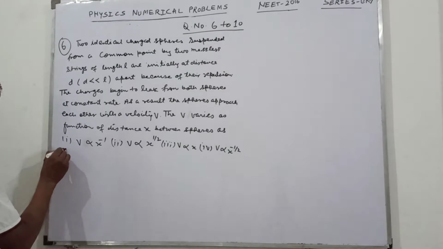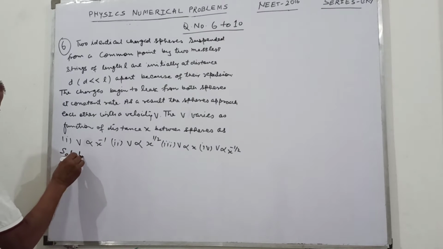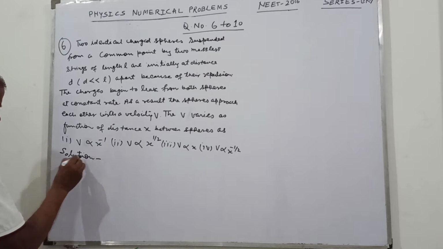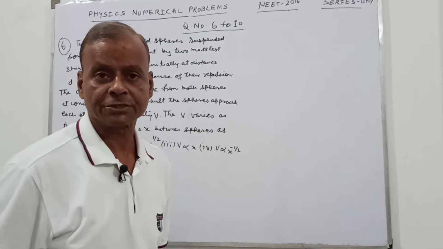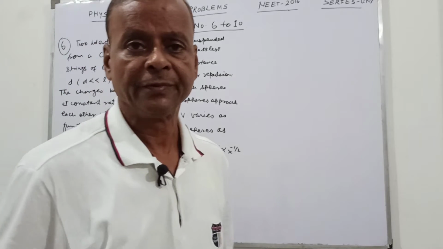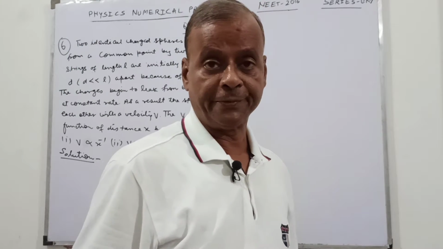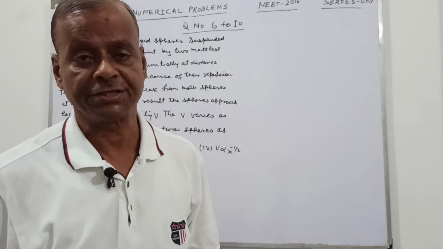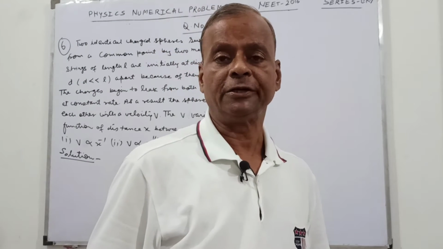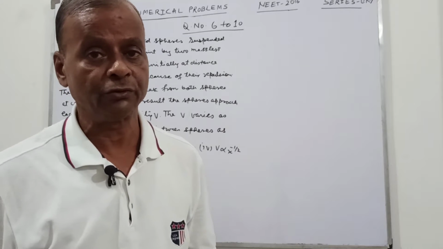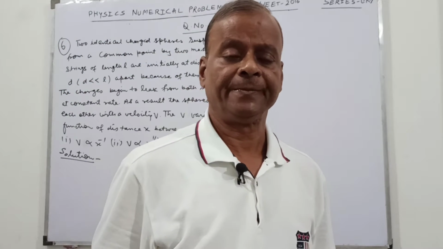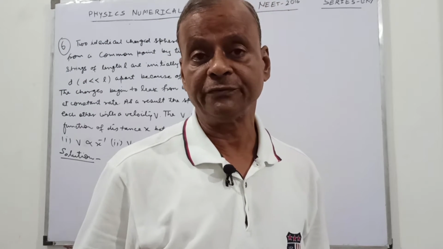Now the solution to this question. What is given? We have two identical spheres which have the same charge and they are apart from each other with a distance d because of the repulsion force. And when the charge leaks from both of the charged spheres, they approach each other with a velocity v.